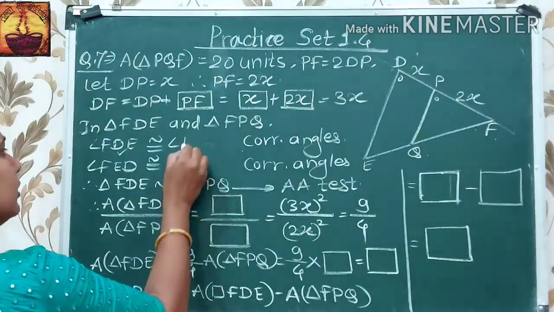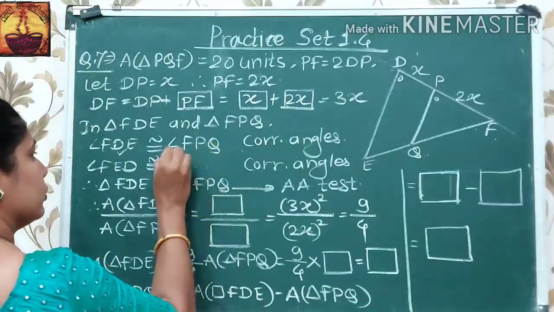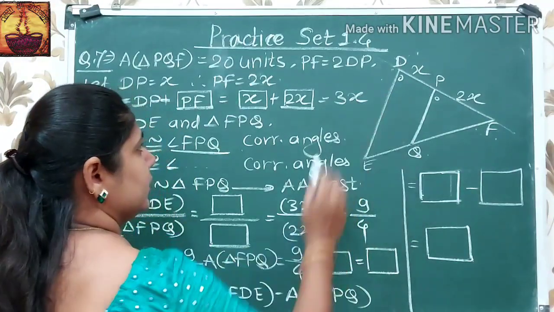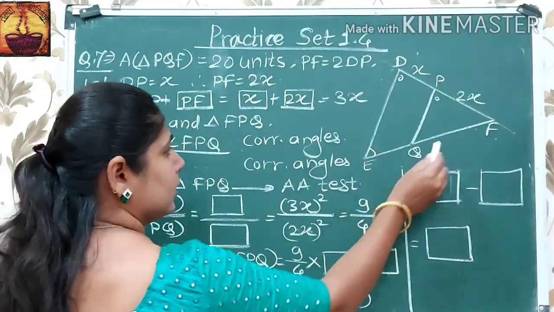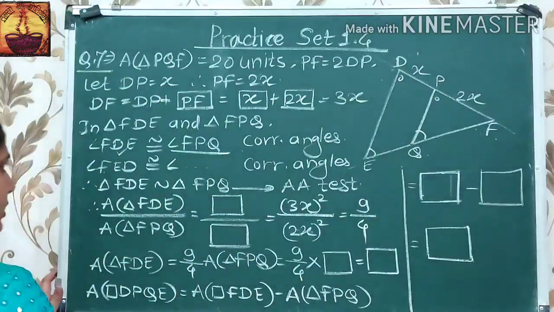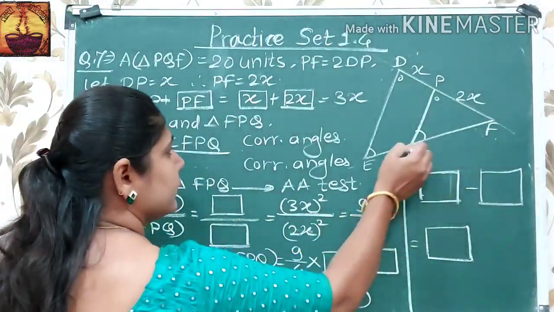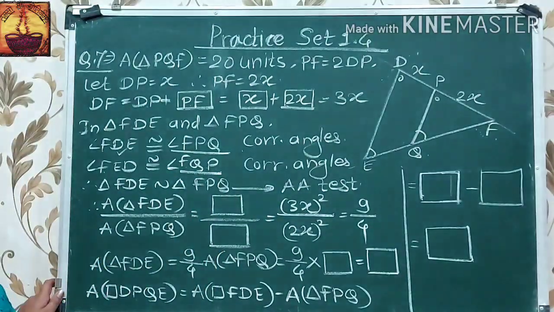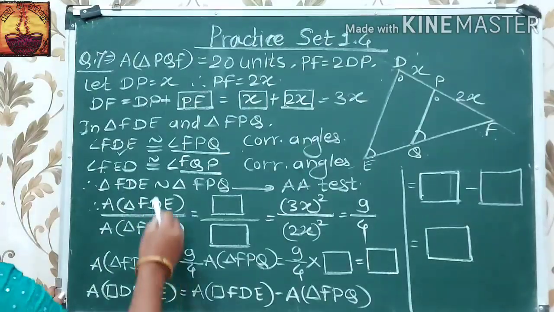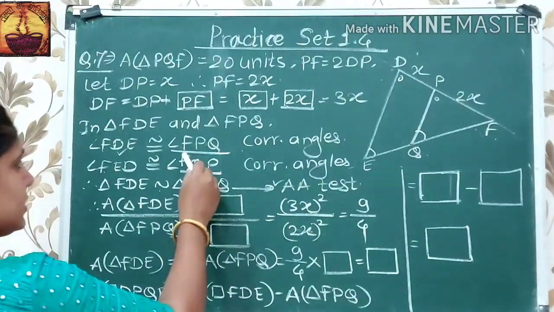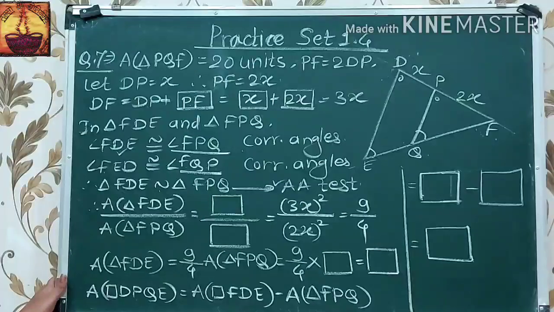And angle FED is congruent to angle FQP, if EF is a transversal. Now triangle FDE is similar to triangle FPQ by AA test, since two angles are congruent.